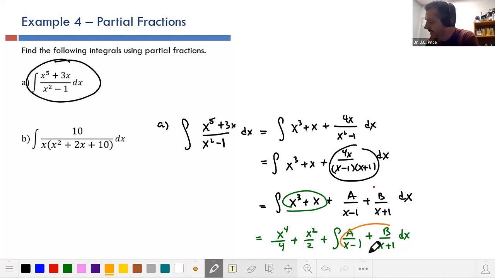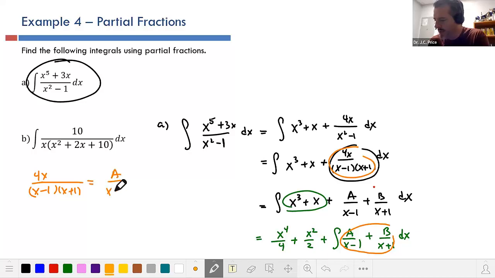So I'm going to take this thing, which is equal to that thing. So over here, I have 4x over x minus 1 times x plus 1. And I set it equal to A over x minus 1 plus B over x plus 1. I'm going to clear those denominators. So I multiply by x minus 1 and x plus 1 on both sides.